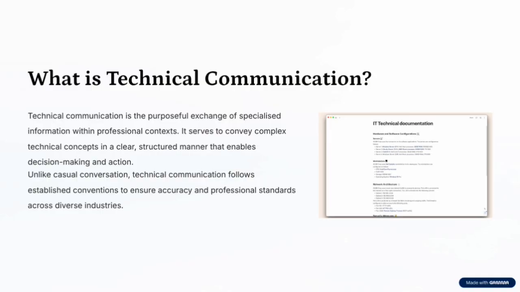For example, it says technical communication is the purposeful exchange of specialized information within a professional context. So, for example, if you are trying to assemble a drone, or download a software, or run an application, the technical details related to the programming of that software or the installation of that device are the technical information.